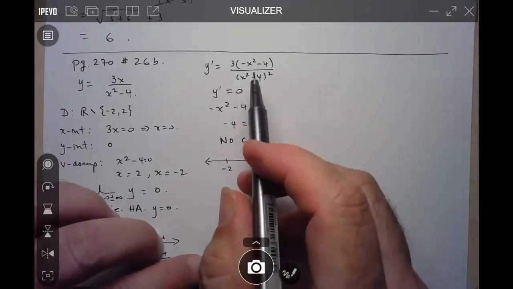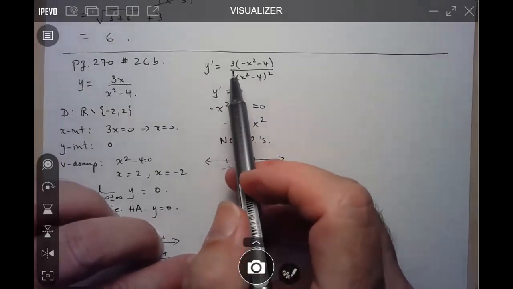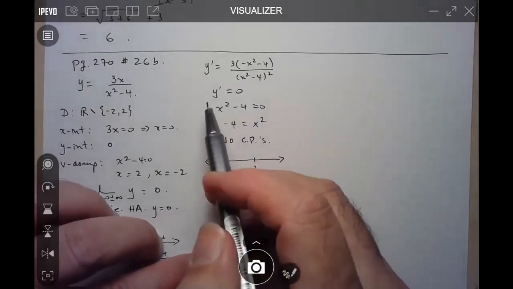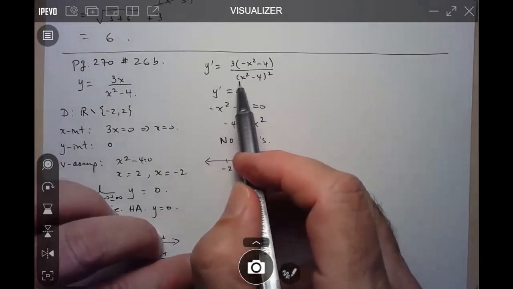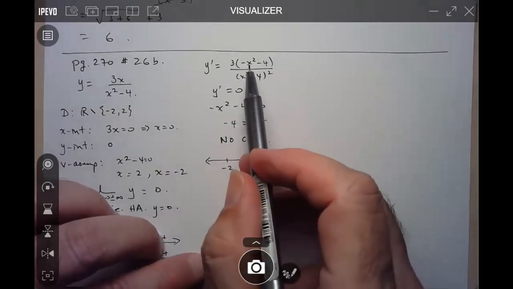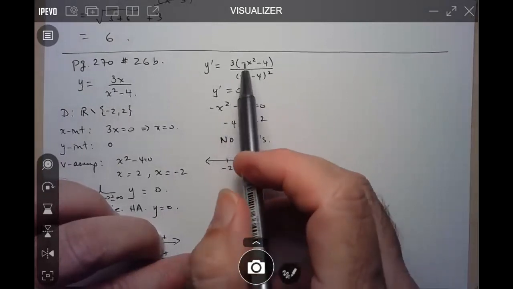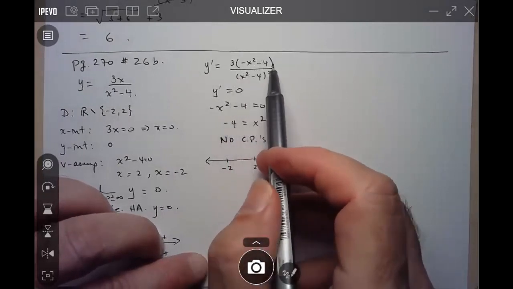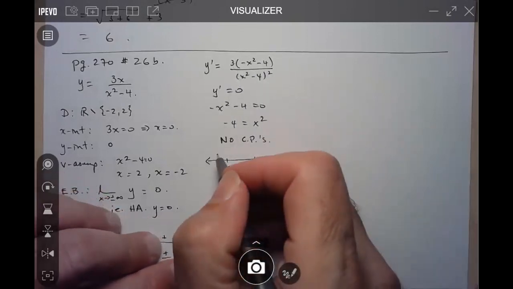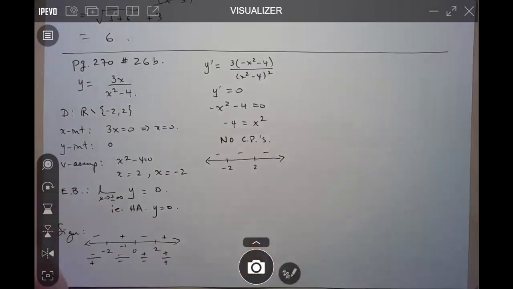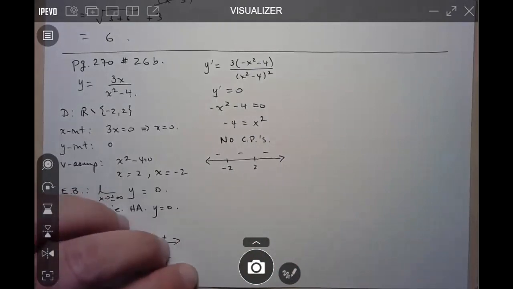But now that I look at this, this is very interesting, because 3 is always positive. x squared minus 4 squared is always positive. And look at the numerator, I've got negative x squared minus 4, which is always negative. So I don't really have to do any work here. This thing's always going to be decreasing.